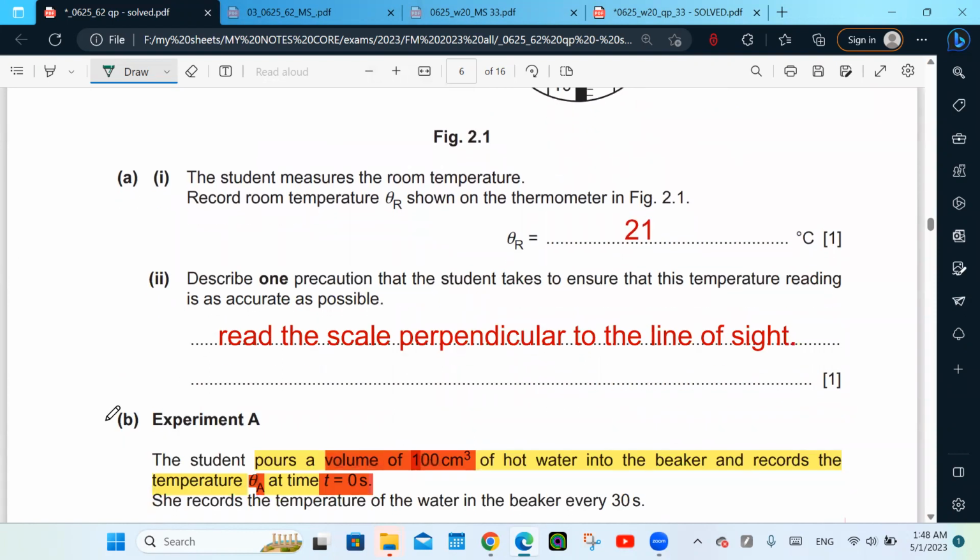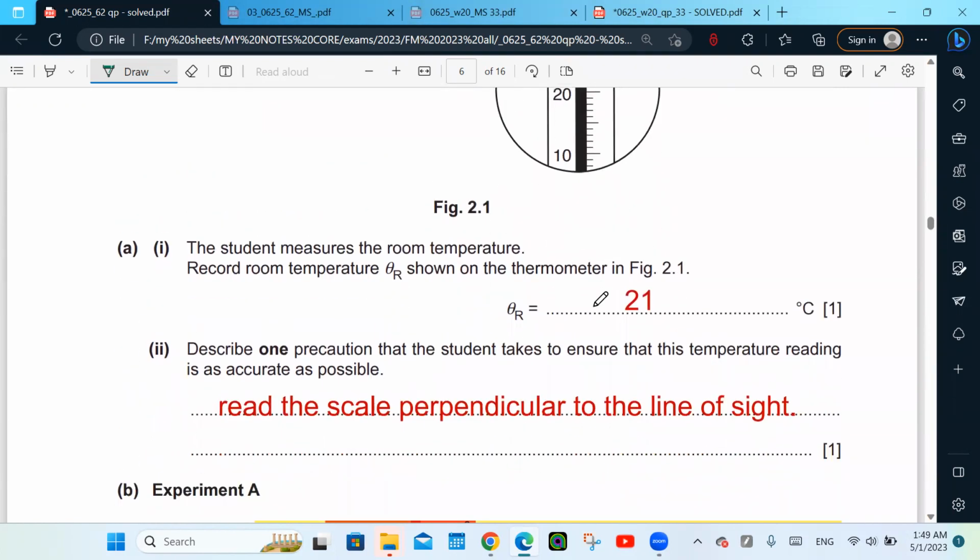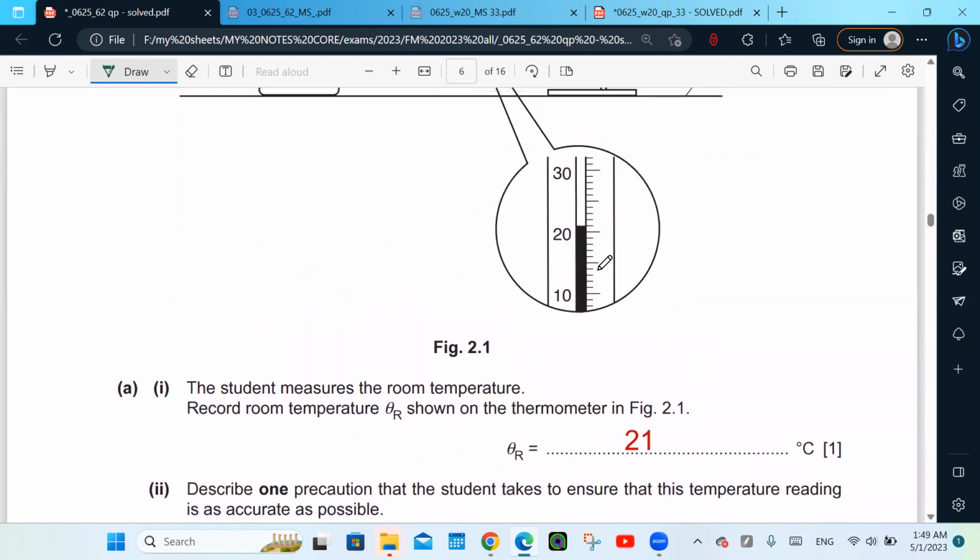The question, part I: describe one precaution that the student takes to ensure that the temperature reading is as accurate as possible. How can we take a precaution while taking the reading? Okay, here be careful. We need to be careful while taking the reading from the thermometer. So you need to take the scale perpendicular to the line of sight.